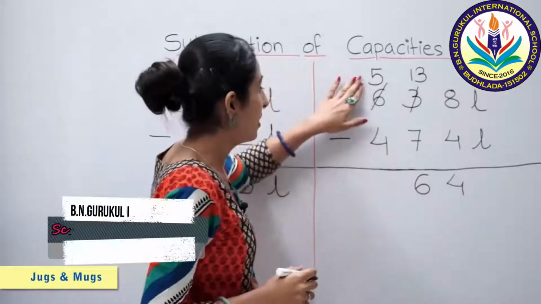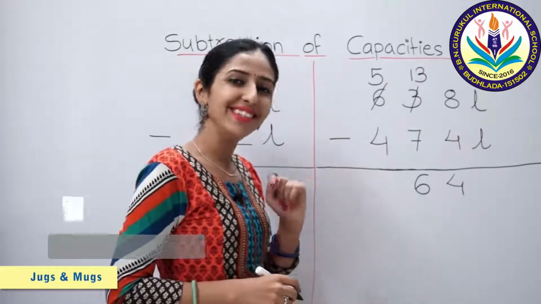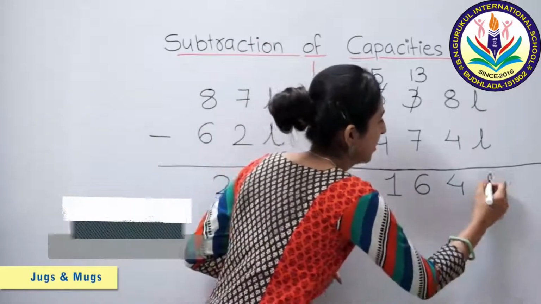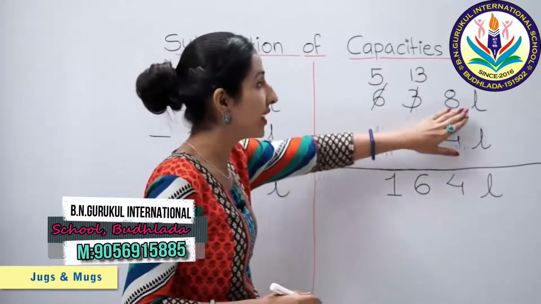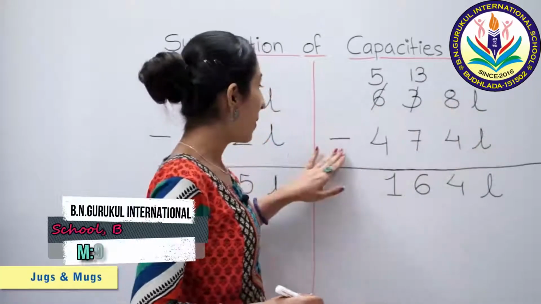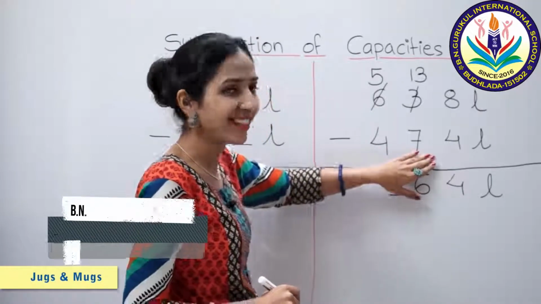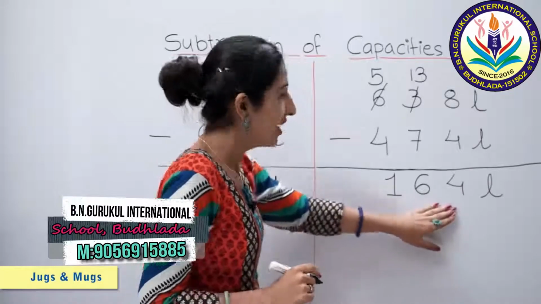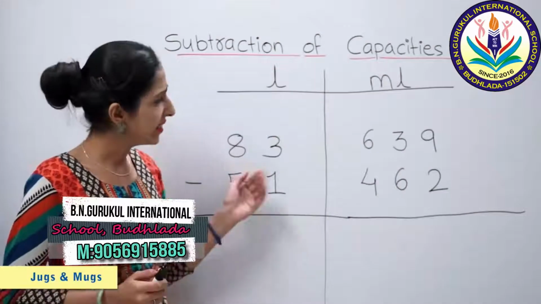And 5 minus 4 is equal to 1. So, 638 liters minus 474 liters is equal to 164 liters.